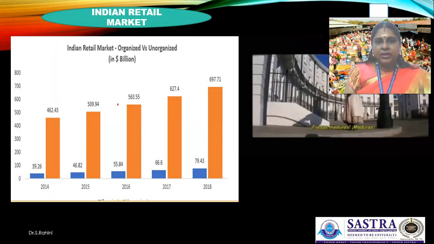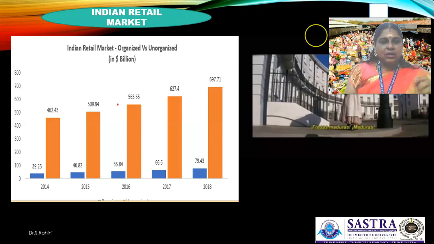The Indian retail market, a small survey, the report is from Statista. This is in billions and this is by year. In 2014, it was $39.26 billion, and in rupees it was 462.43.